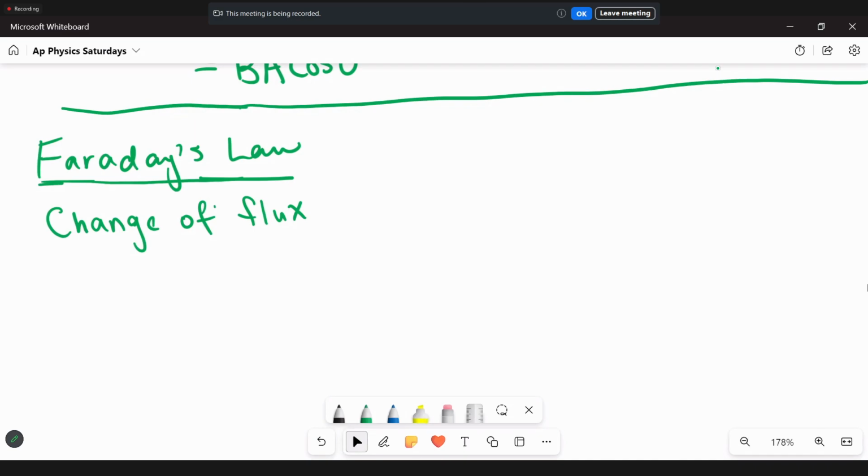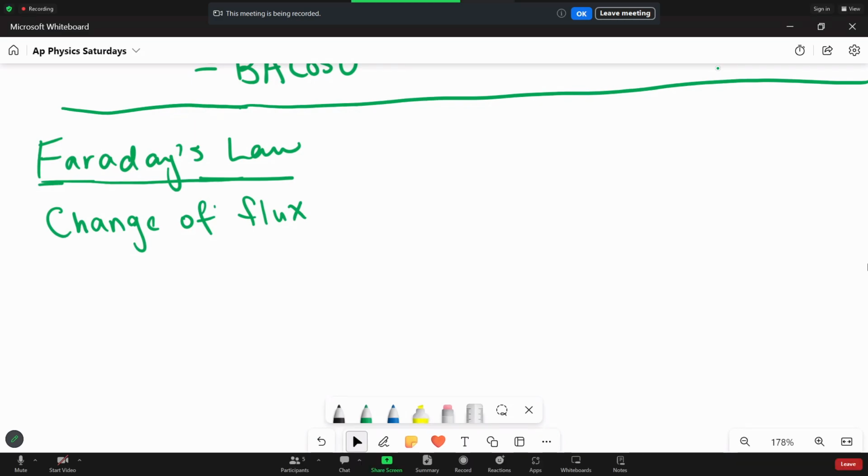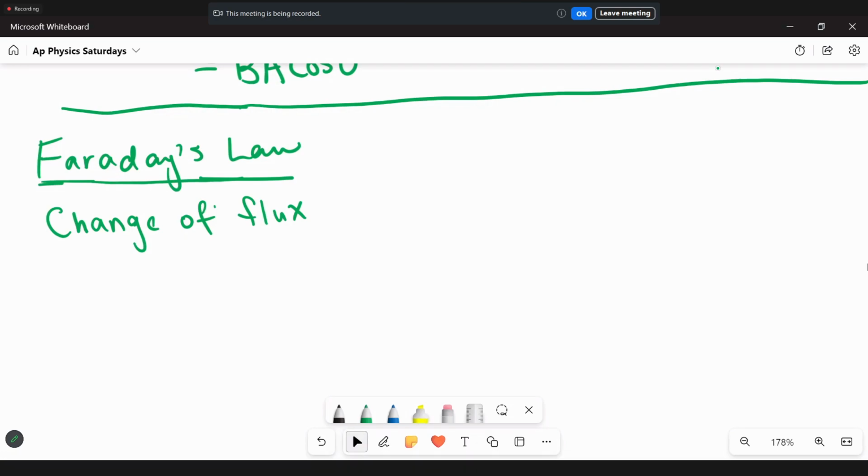For example, I told you if you have a coil and you put a magnetic bar close to it, and you move this magnetic bar close to the coil and far away from it, close to it and far away. If you move it very fast, if the motion is very fast, the change of flux is very fast, is more.